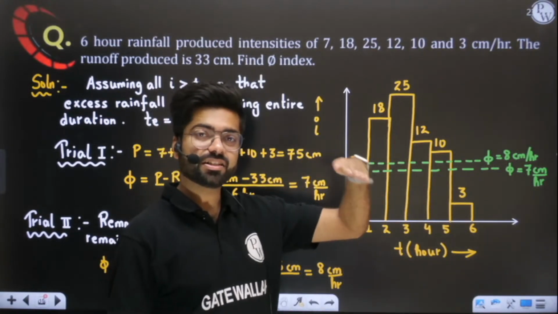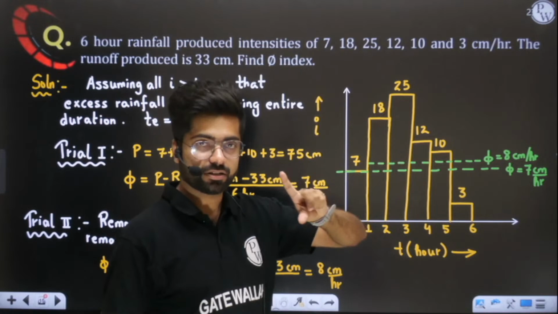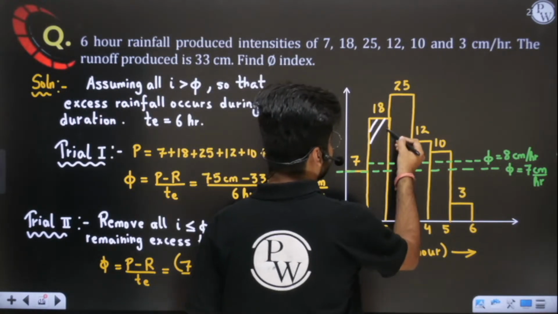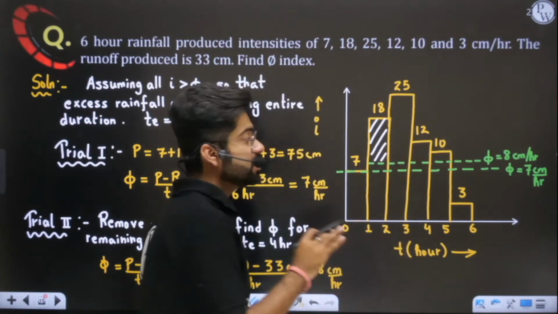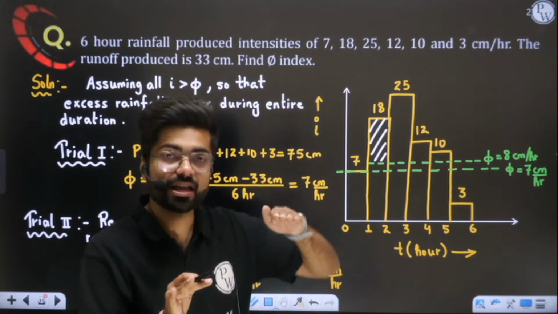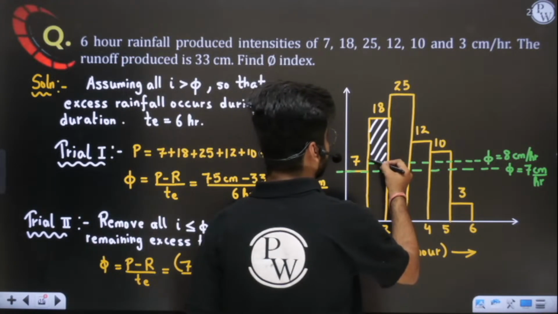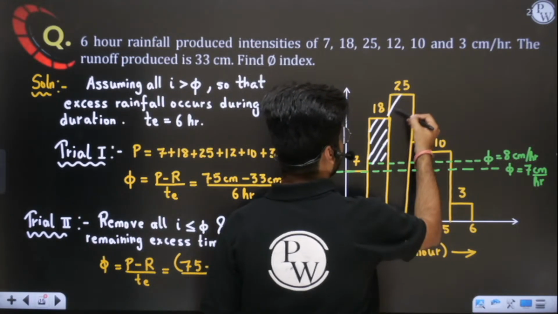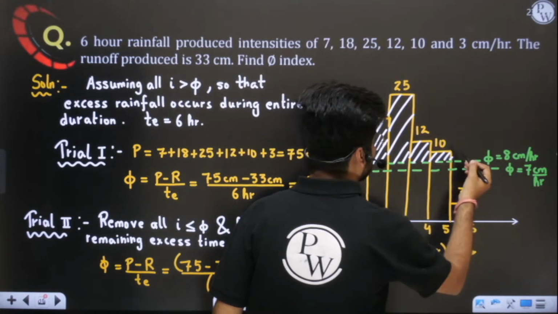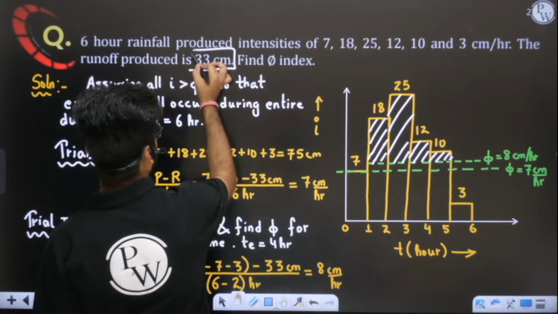Why are we changing it again and again? We are changing this phi value so that the area above phi is equal to the runoff volume.